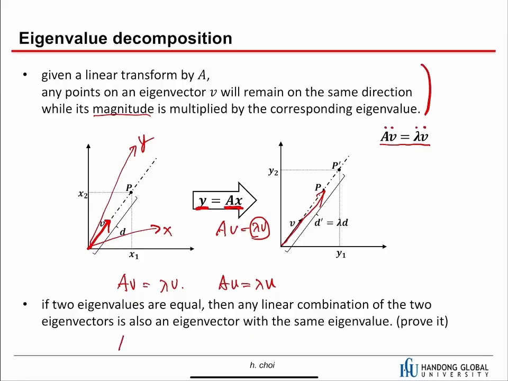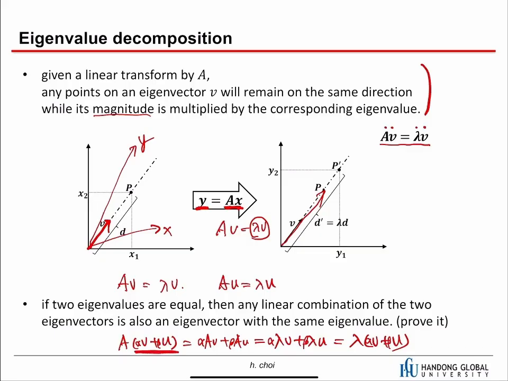Let's try. A times (v plus mu) is A v plus A mu, which is lambda v plus lambda mu, which is lambda times (v plus u). If we have any weights, alpha and beta, then any linear combination of the two eigenvectors is also an eigenvector.